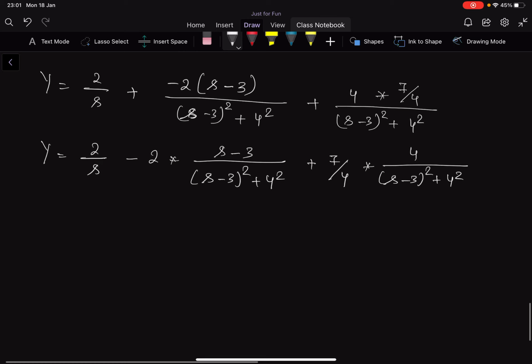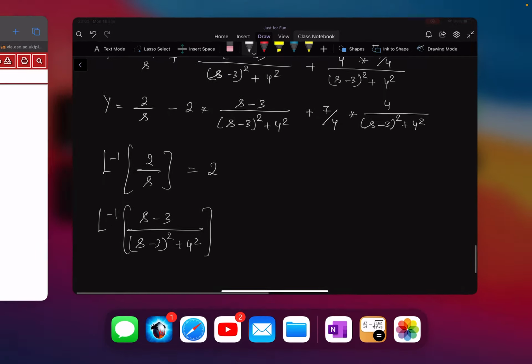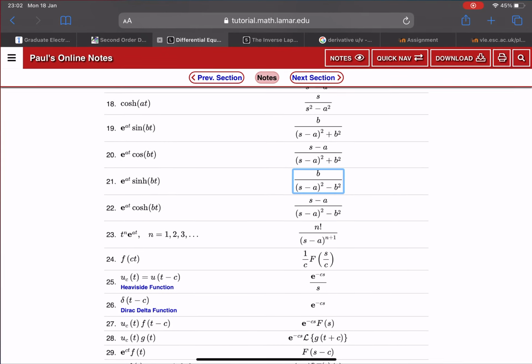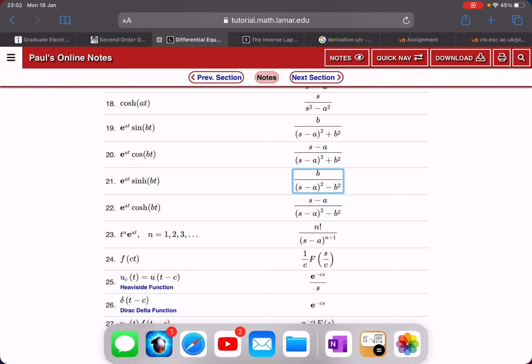So let me write the formula. The inverse Laplace of 2 over s is going to be simply 2. Then the inverse Laplace of (s minus 3) over ((s minus 3) square plus 4 square). Let me look at the formula number. Which one is that? Formula number 20.